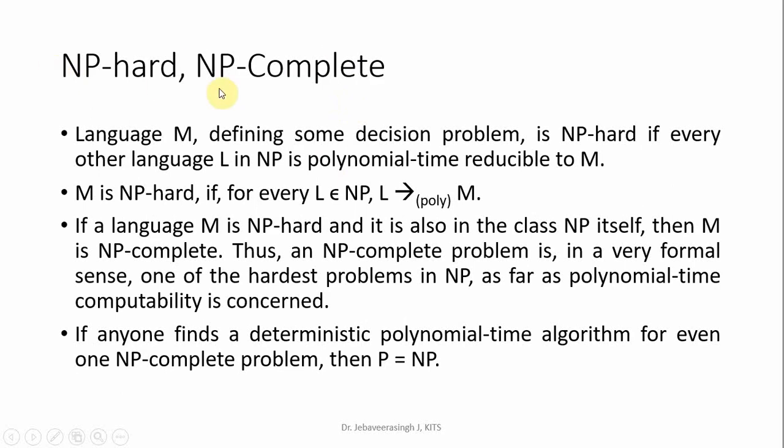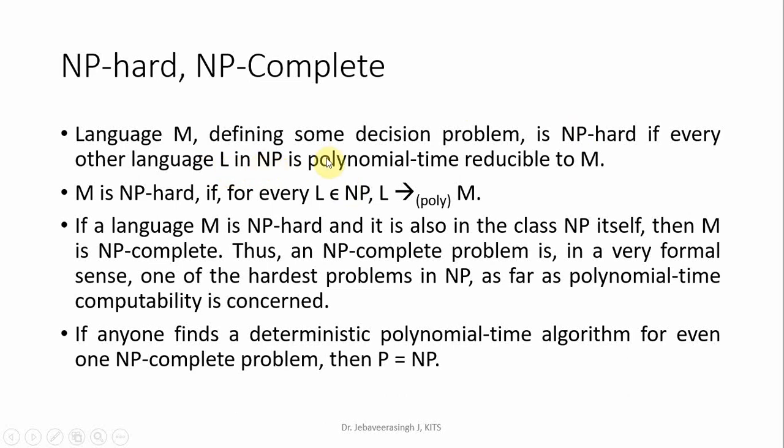Alright, so NP hard and NP complete. The language M, defining some decision problem, is NP hard if every other language L in NP is polynomial time reducible to M. We are going to say M is NP hard if all the other NP problems in L are polynomial time reducible to it.